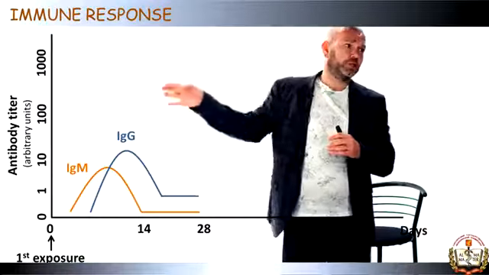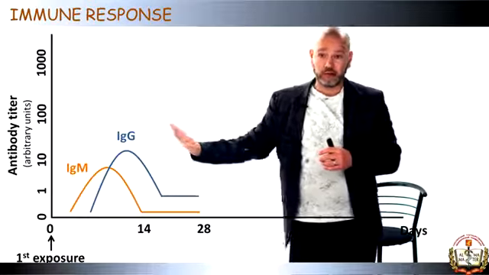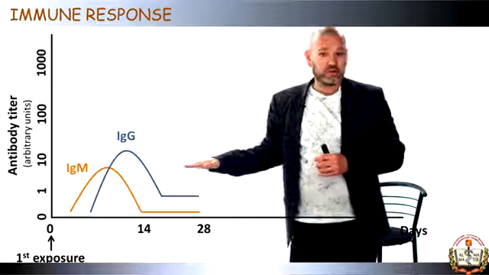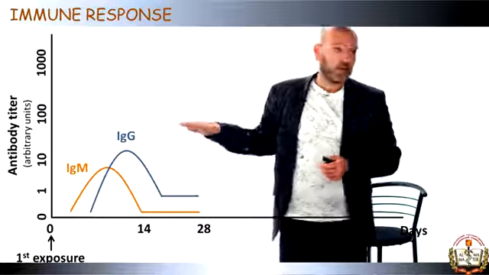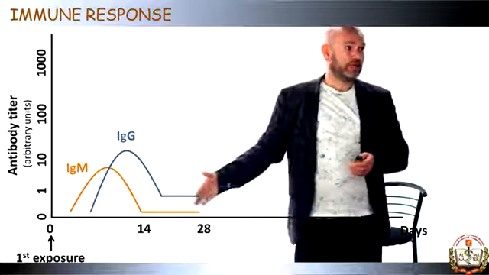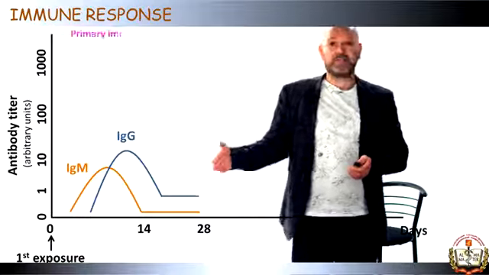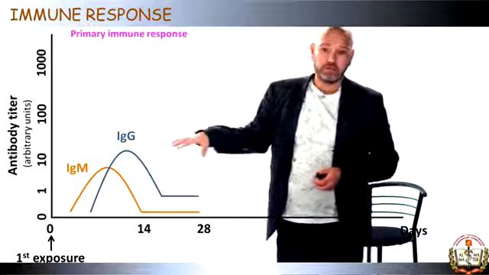Some IgG will be used, and that's why again you will have a decrease in the amount of IgG. But some threshold level will remain even after the recovery. And that state, I showed approximately a month, is the primary immune response. That stage is known as the primary.